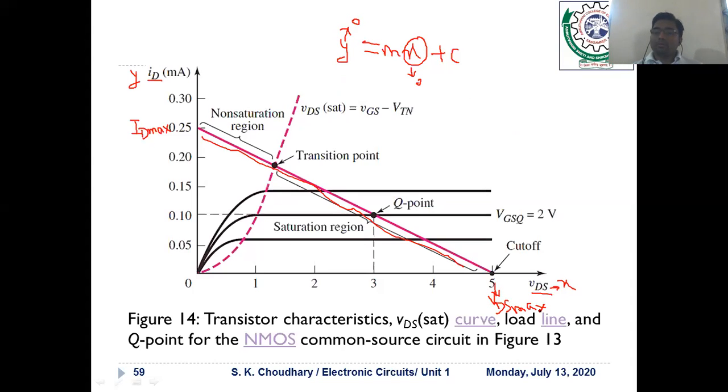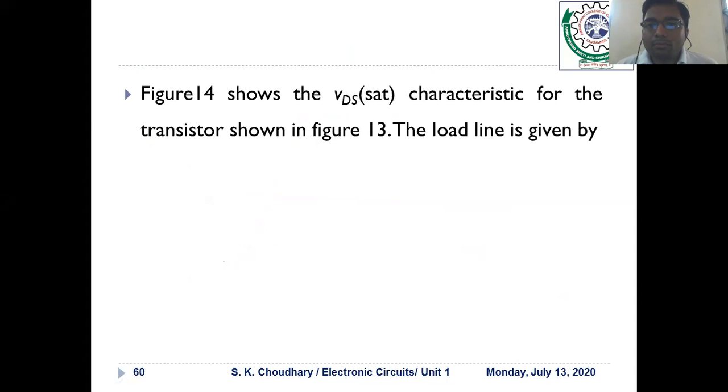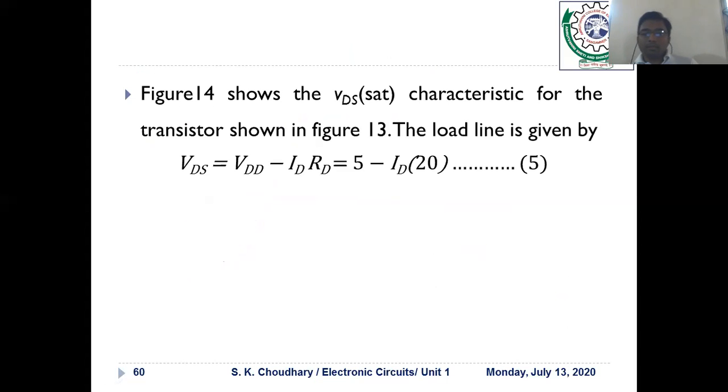Okay. Now, when you put it in that equation, see, this is the equation there. VDS equal to VDD minus RD ID. We have already taken the value of VDD as 5 volt, and RD is defined as 20K, and ID is also defined as 0.1 milliampere.